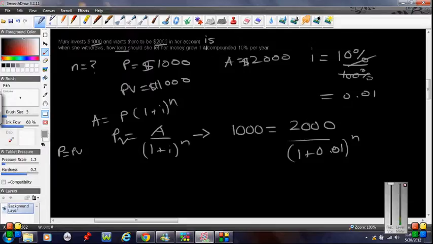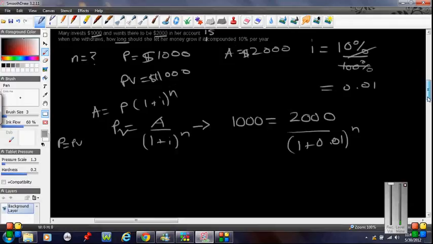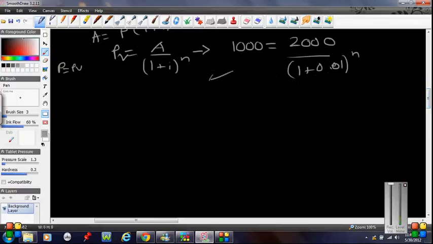So how do we solve for n? Well, there's lots of ways to do this. First thing we can do is take this over here and multiply it by 1,000, right? So what we have is 1,000 times (1 plus 0.01) to the power of n is equal to 2,000.